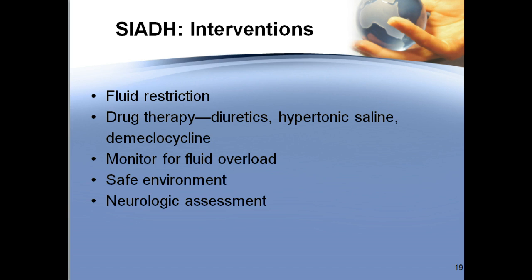Usually, when a person has syndrome of inappropriate antidiuretic hormone, it's almost just like the opposite of what you'll see when you look at a person that has diabetes insipidus.